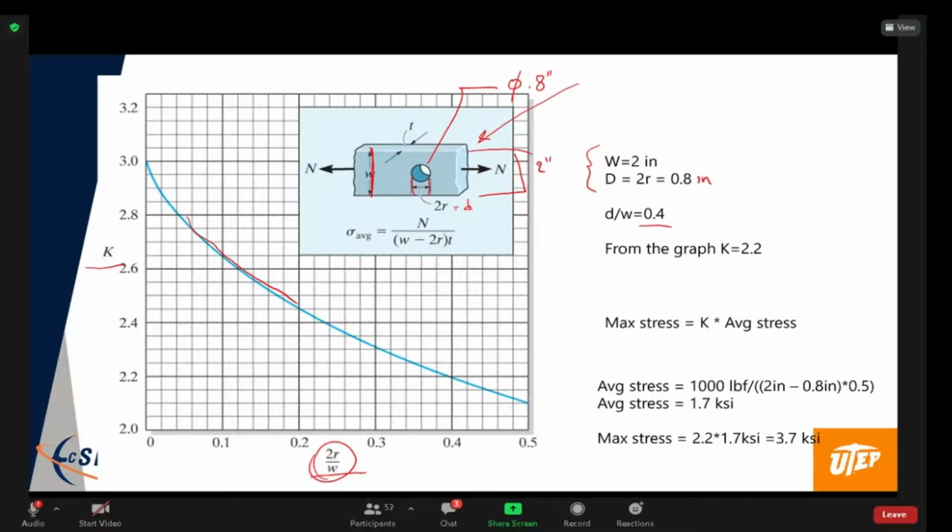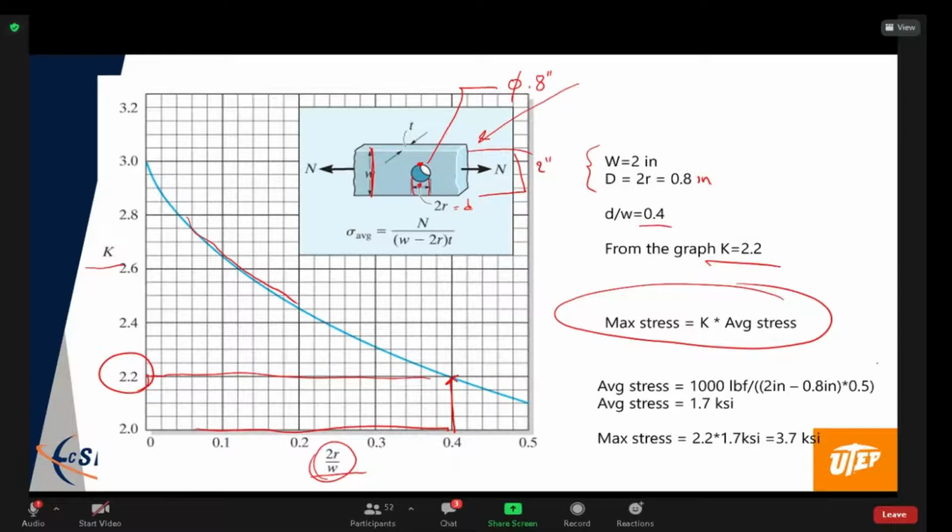So we go on the x-axis to that value, see where it hits the curve, and that tells me that for that particular geometry, the stress concentration factor is 2.2. So the peak stress that's going to occur here and here is 2.2 times the average stress.